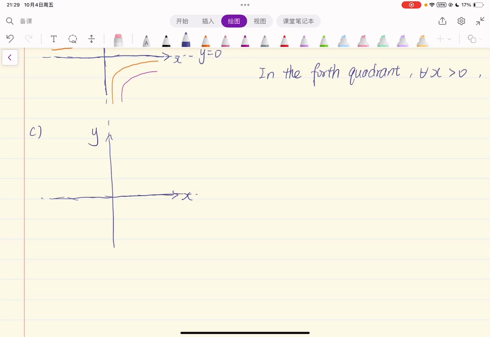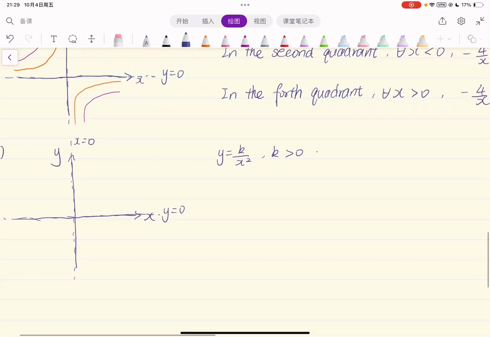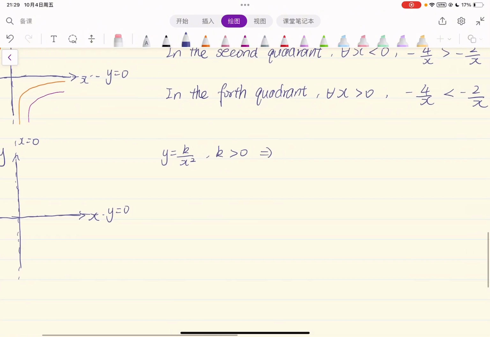I don't need to repeat that the asymptotes are x equals 0 and y equals 0. So we have y equals k over x squared, where k is greater than 0, which implies that the curve is in the first and the second quadrant, right?